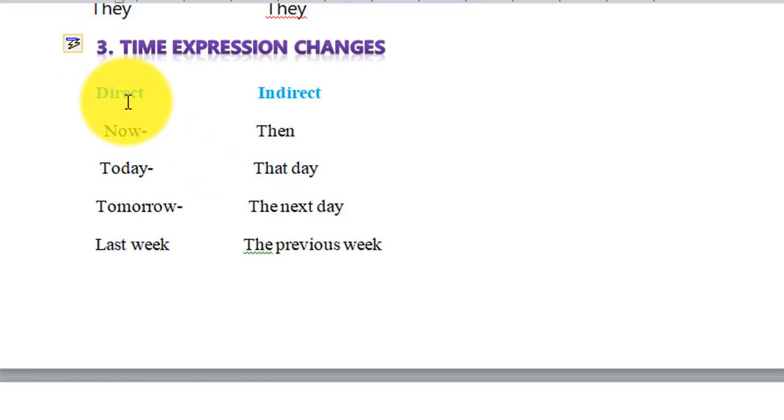So here, "now" we change to "then". If it says "now", we change it to "then". If it says "today", we change it to "that day", and we report "that day". "Tomorrow" becomes "the next day", "the coming day" or "the following day".